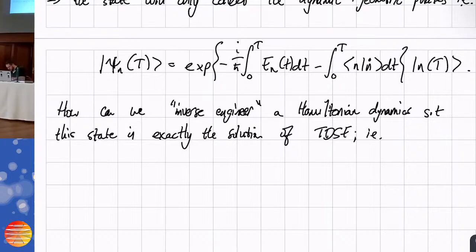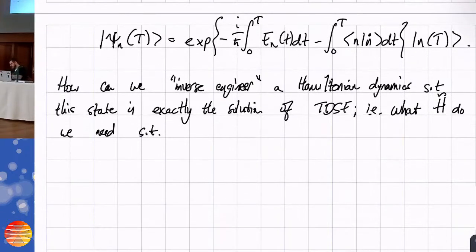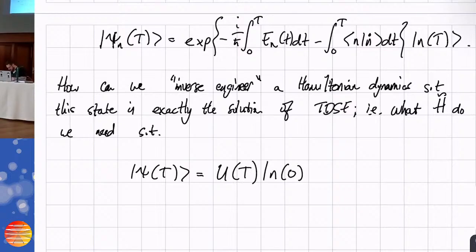I.e., what H tilde do we need such that my time-evolution operator at time t, applied to my initial state in the nth eigenstate, is exactly given by this psi n of t. That's the question Berry asked.